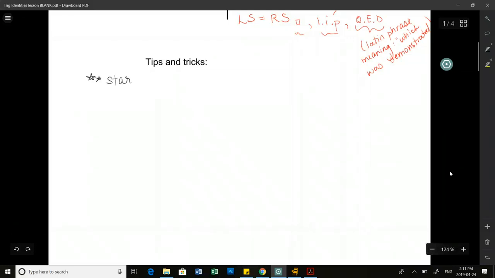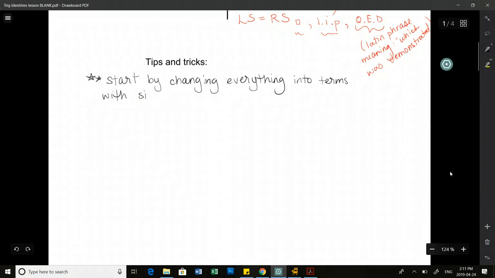So that's my main tip. We will usually, and this works 95% of the time, start by changing everything into terms of sine and cosine. Okay, the x's are just variables here.